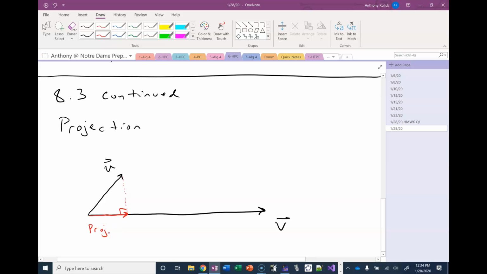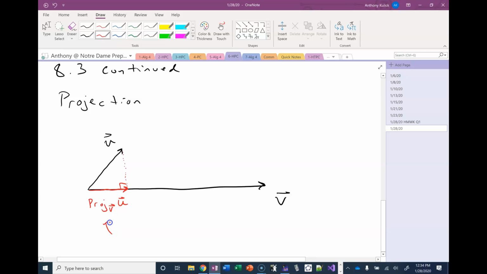The way we're going to write this is the word proj with the vector v as a subscript and then the vector u after that. In words, this is the projection of vector u onto vector v.